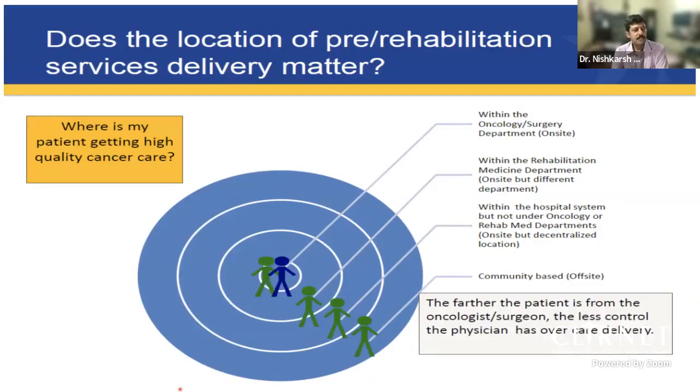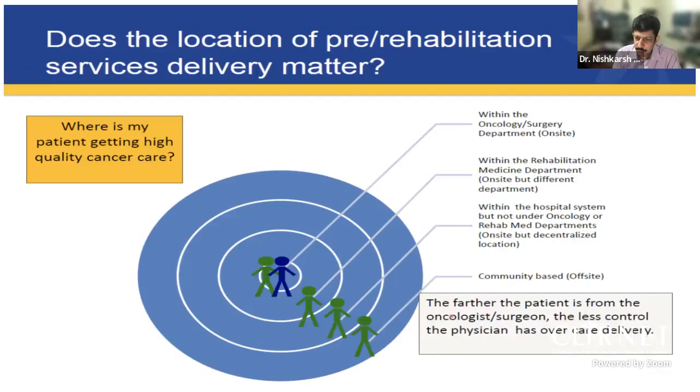Does the location of prehabilitation service delivery matter? It could be within the oncology center, within the rehabilitation medicine department, on-site but in a different department, within the hospital but under oncology, or community-based.